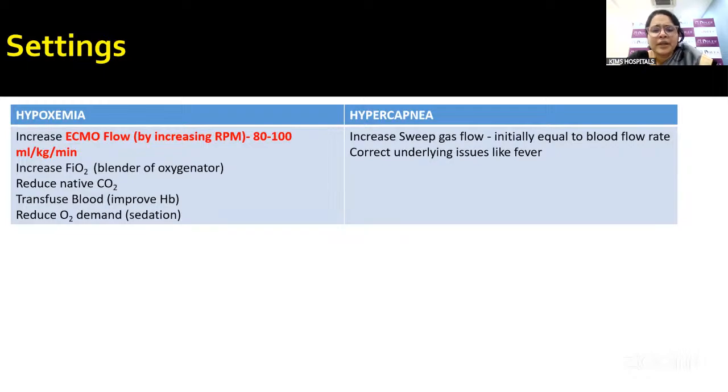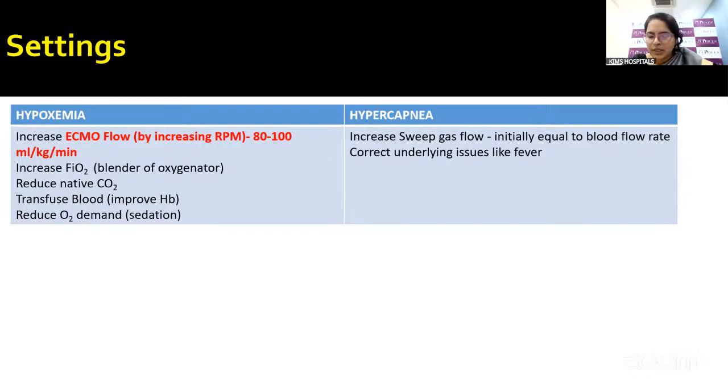When we are dealing with hypercapnia, on the other hand, the parameter to be changed would be the sweep gas flow rate, which is the gas flow of the sweep gas used across the blender, across the oxygenator. Initially, the gas flow rate is set equivalent to the blood flow rate. So, for example, if we are beginning ECMO for a 3 kilograms baby, and we started with the initial flow rate of, let's say, 300 ml per minute, we may also begin with a sweep gas flow rate of 0.3 liters per minute.